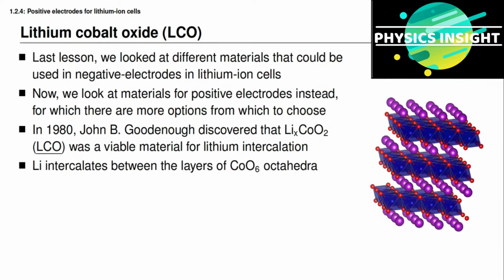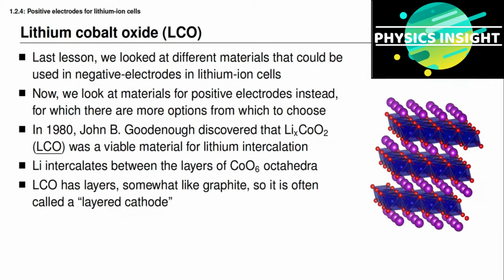As you see in the figure, the overall structure has layers of this cobalt oxide material, a lot like graphite has layers of graphene. And because cobalt oxide has this layered structure, it's often called a layered cathode material. The lithium atoms are free to enter and exit and to move around the space between the cobalt oxide layers.